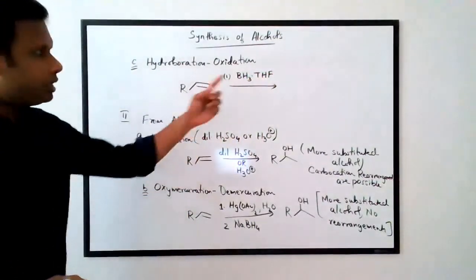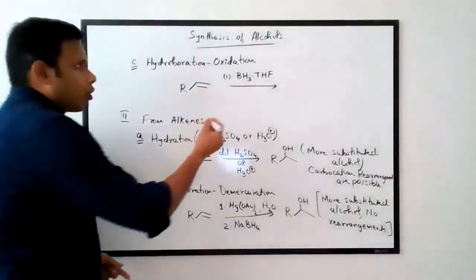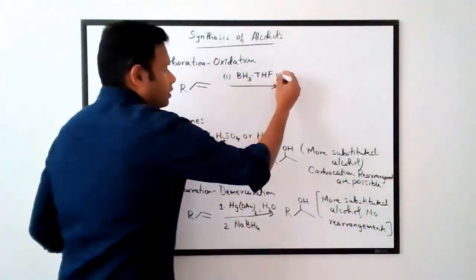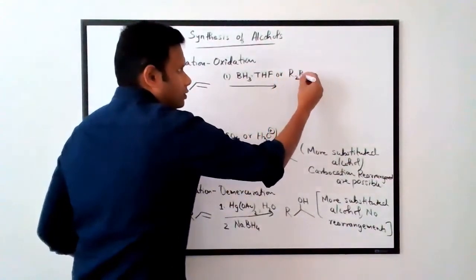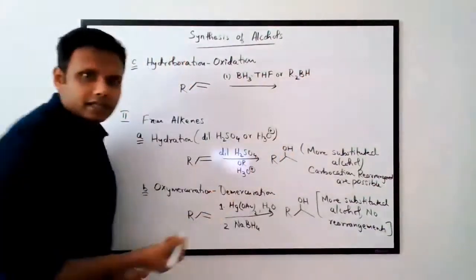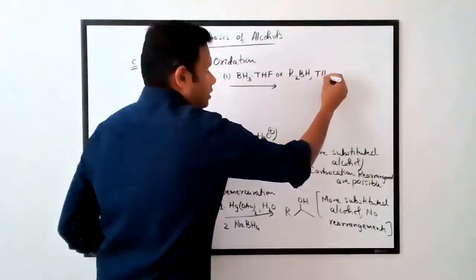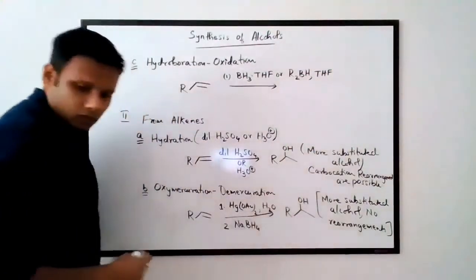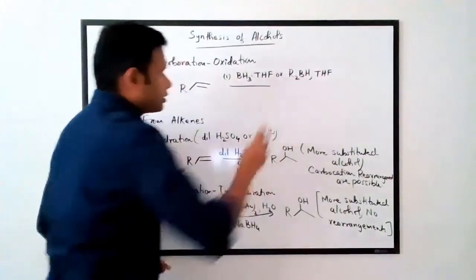So you could use BH3 THF, which is just the simplest borane, or you could use some alkyl borane, like R2BH instead. The reaction is usually done in THF as a solvent. Okay, so an alkyl borane can be used in this particular case.